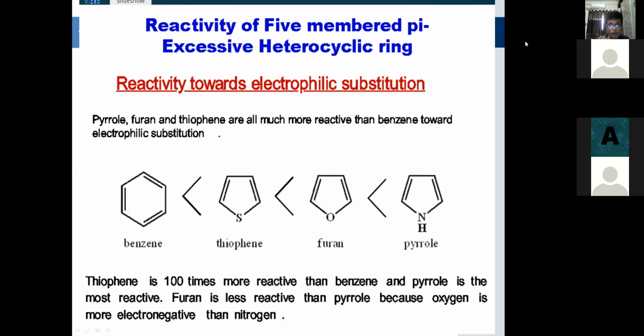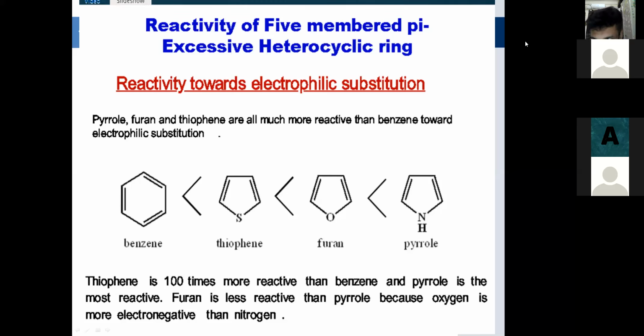Because oxygen is more electronegative than nitrogen, it pulls the electrons more towards itself. Once it pulls the electrons towards itself, the charge is retained on the oxygen and is not distributed towards the ring. That's why it reduces the electron density in the ring and reduces the reactivity. That's the reason why pyrrole is more reactive than furan.